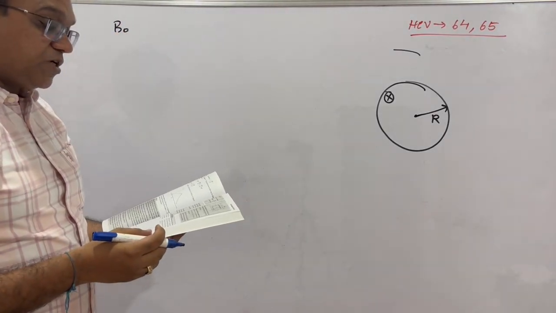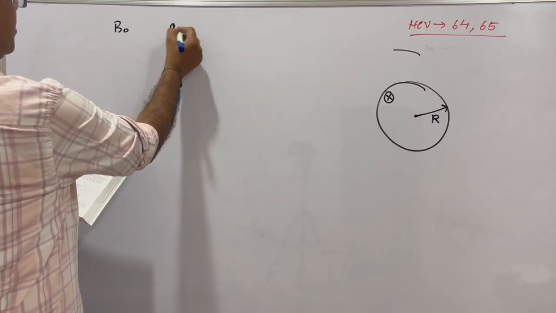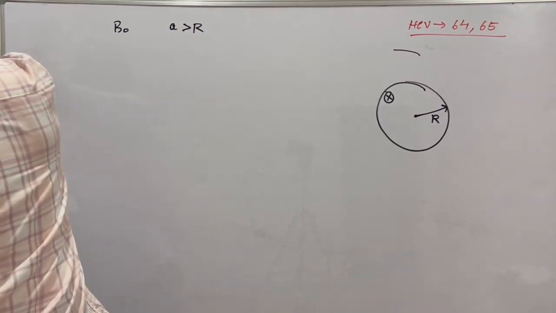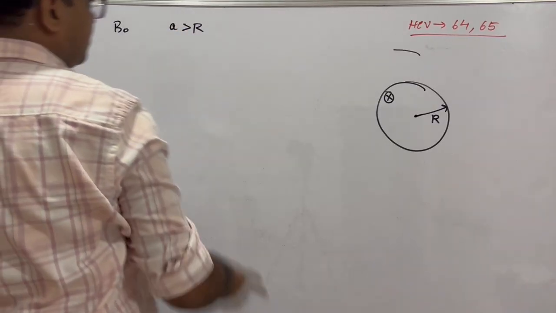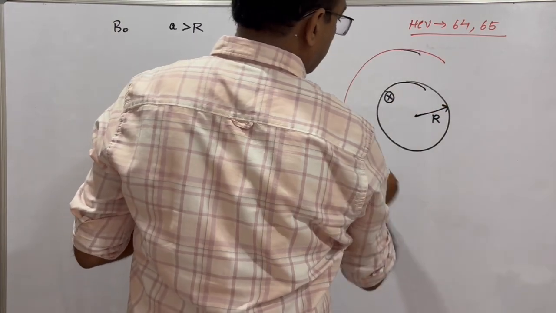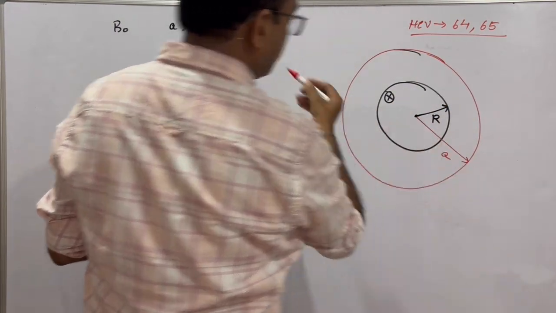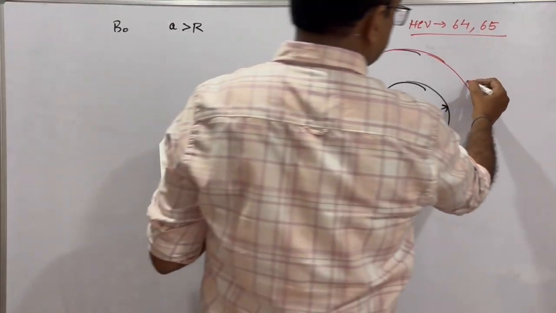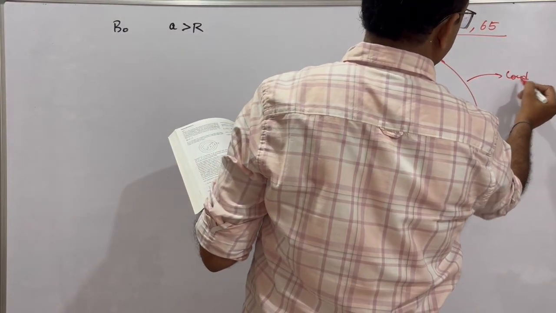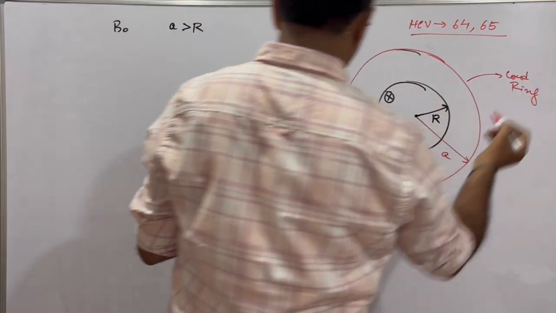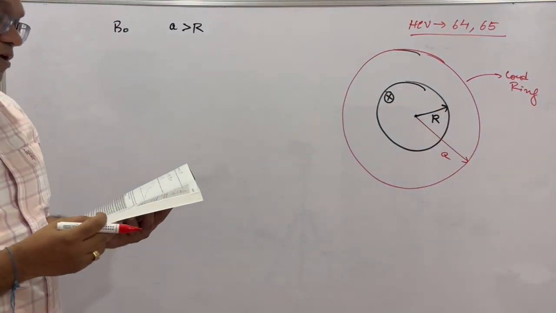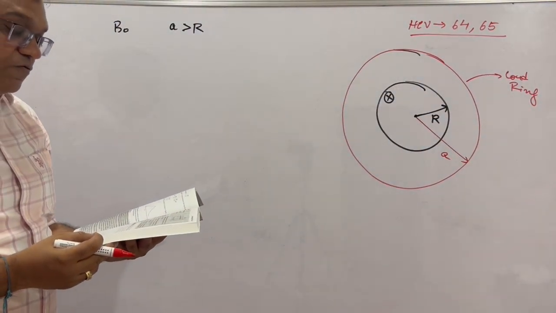A conducting ring of radius A greater than R. So here one conducting ring is there, its radius is A, which is greater than R. And it is placed coaxially with the field region.